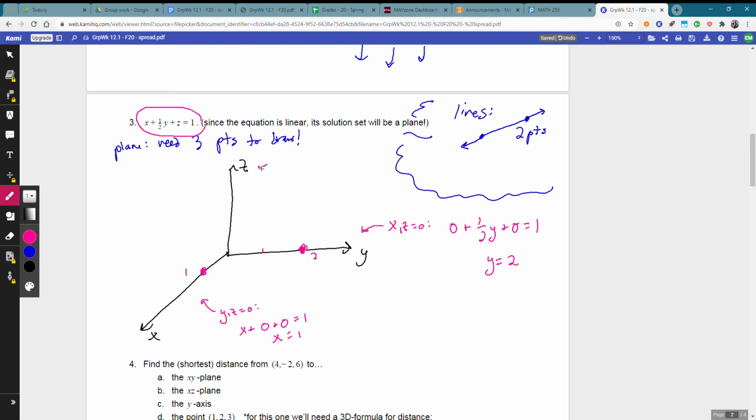All right, last but not least, z-axis, this is going to be where x and y are both 0. And so subbing into our equation, we'll get 0 plus z equals 1. And so right at 1, that's another point that our plane cuts through.